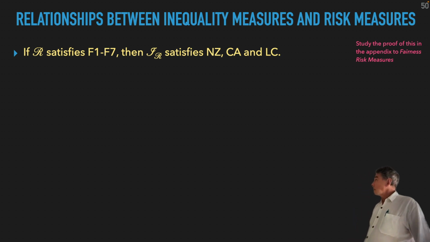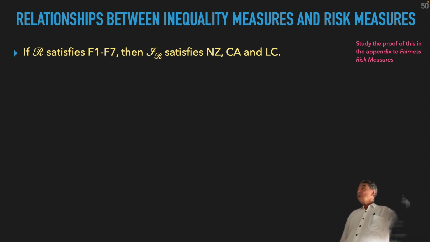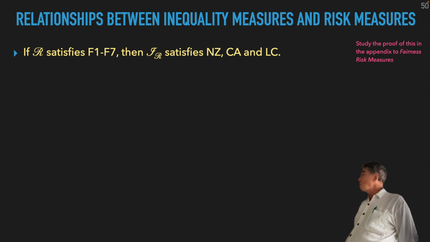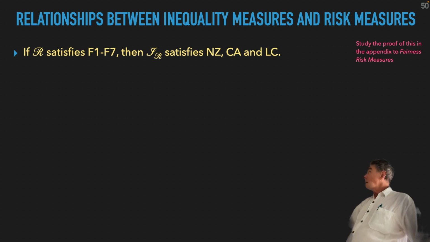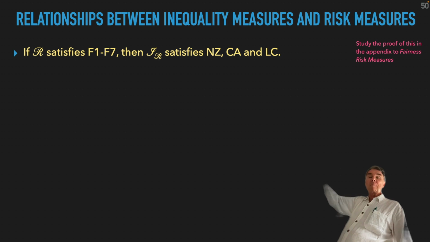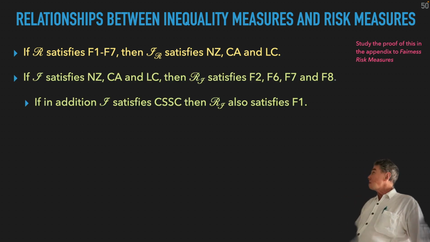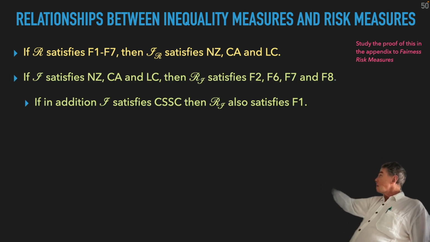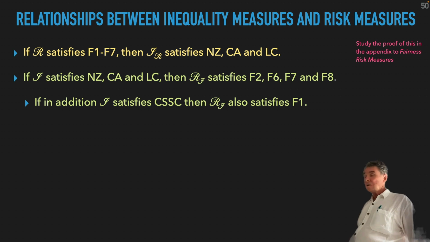Here's the interesting thing. If R satisfies my earlier axioms, F1 to F7, then I_R satisfies these inequality axioms that I showed you just a couple of slides ago. And conversely, if I satisfies those, then R_I satisfies these ones. The logic is slightly complicated.